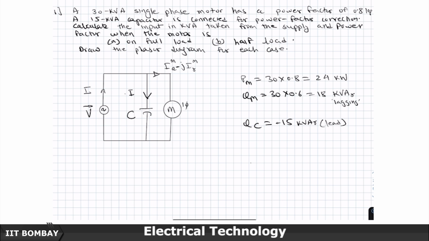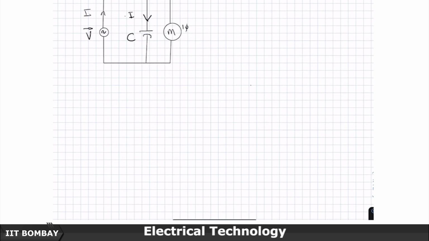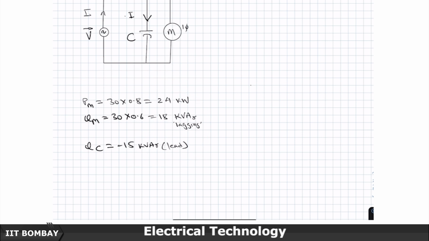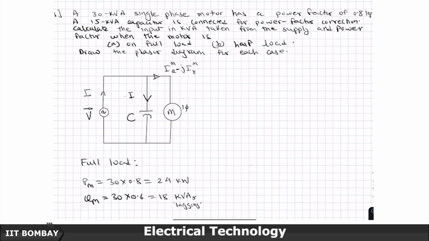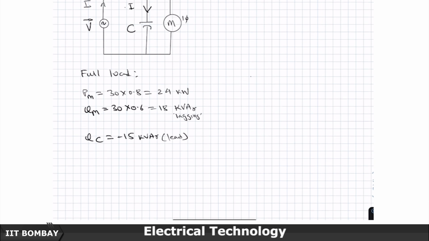Whatever I have written here is for full load, and what is required of us is to calculate the input in kVA drawn from the supply and the power factor when the motor is on full load and half load.